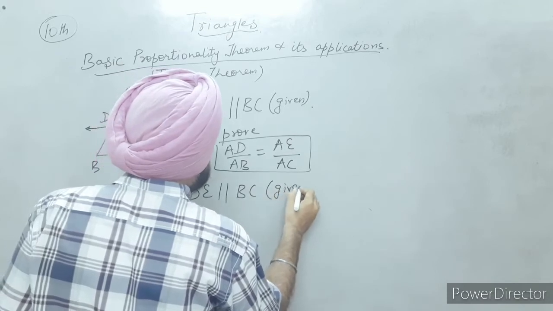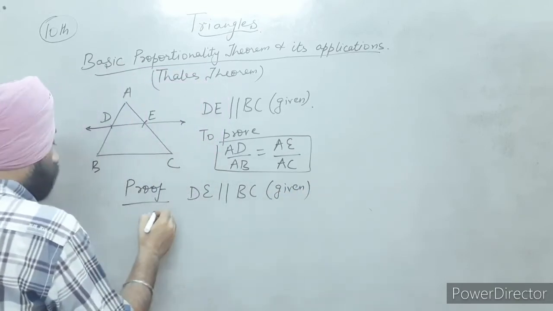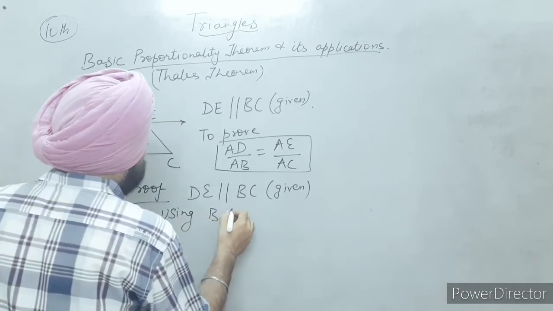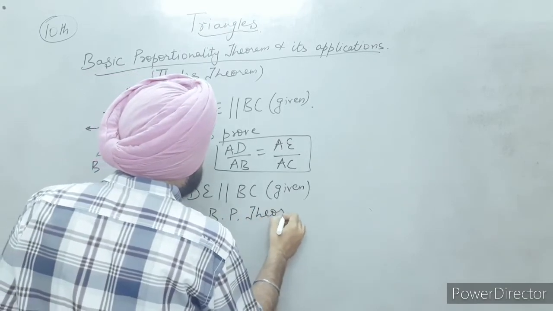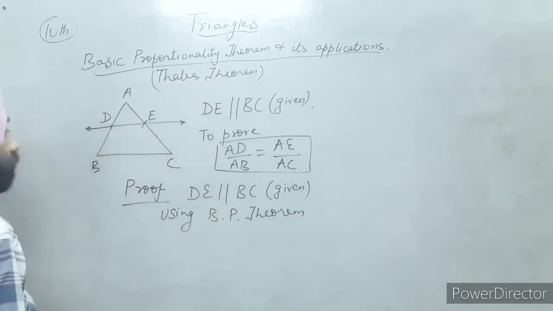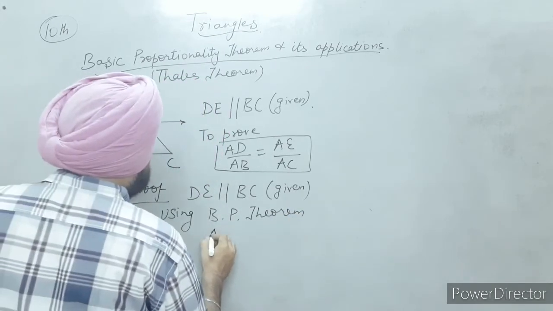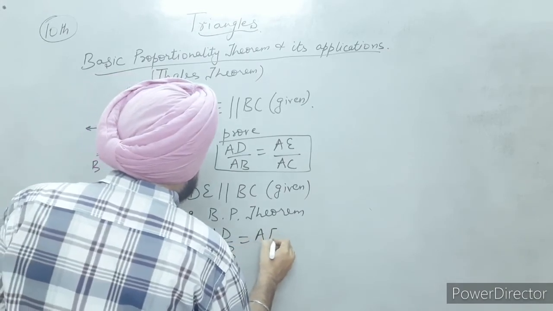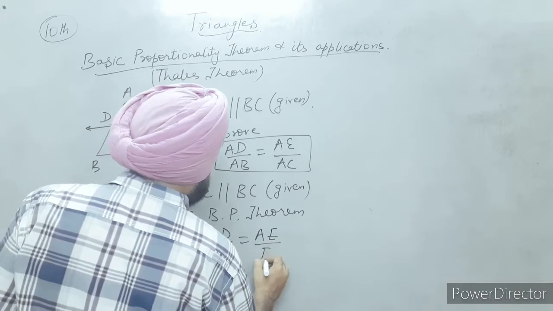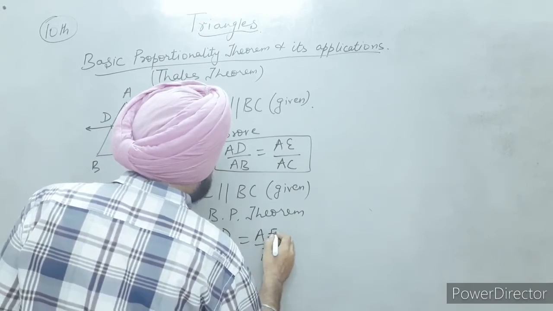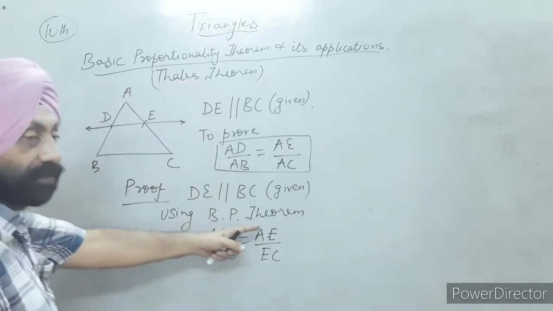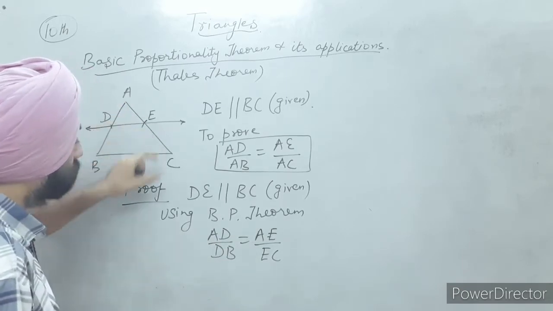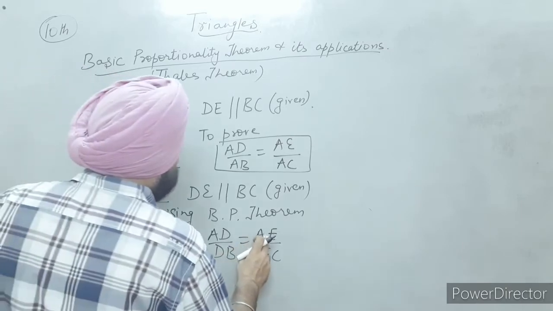Now, using the basic proportionality theorem, AD upon DB is equal to AE upon EC. This is by the BPT theorem. We are using Thales theorem. The ratios AD upon DB is equal to AE upon EC.